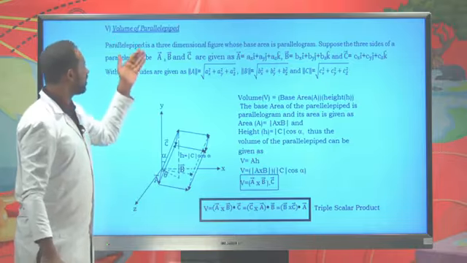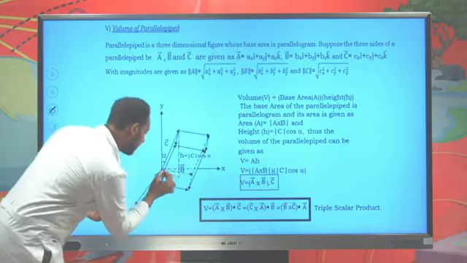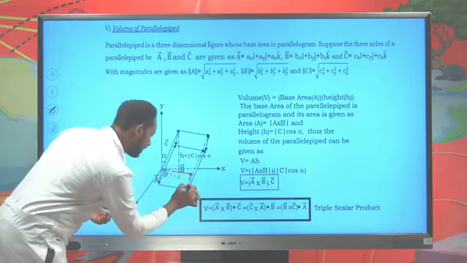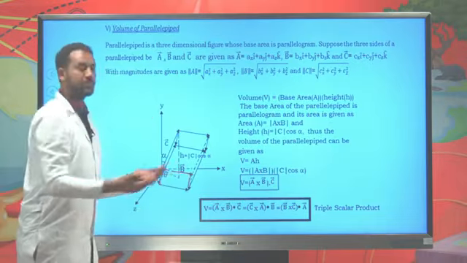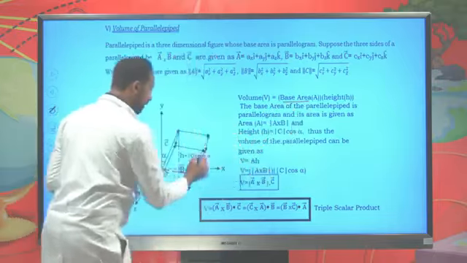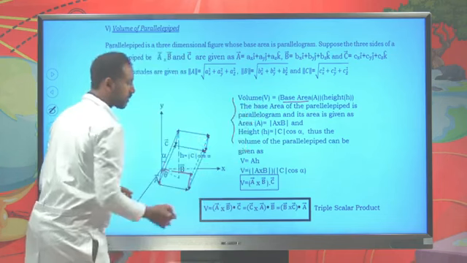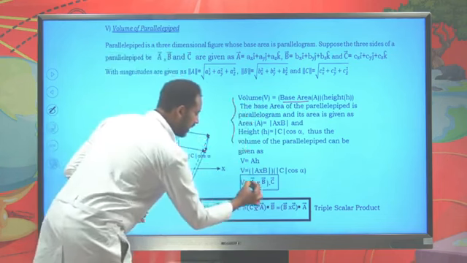A parallelepiped is a figure whose base is a parallelogram. Therefore, volume is base area times height, and it's possible to use a mathematical approach for that.